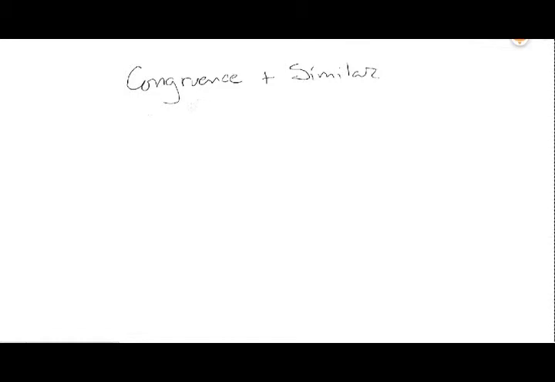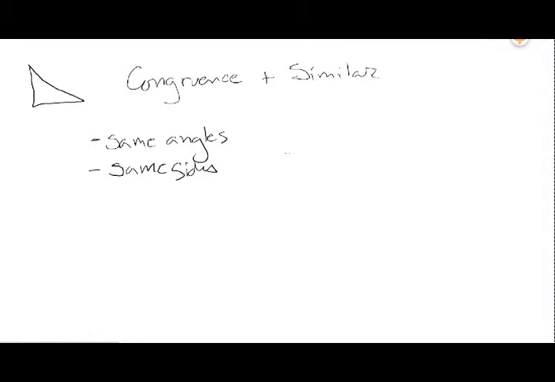Congruence means that the shape, in this case a triangle, because we're learning about triangles, remember? Tomorrow we're gonna talk about the Pythagorean theorem. The triangle is going to have the same angles and the same sides. Same angles, same sides. All right?